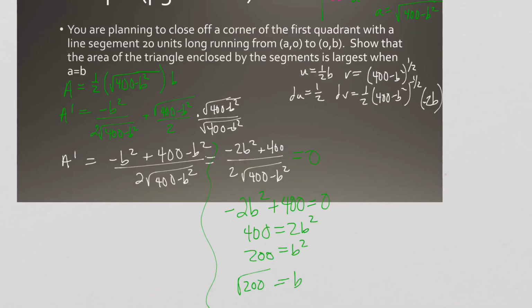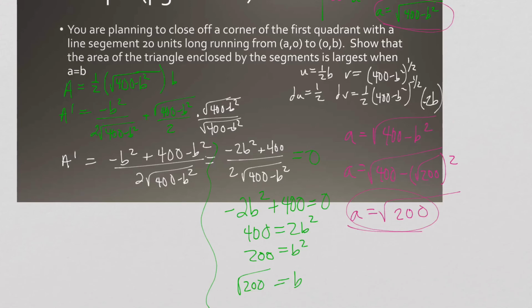If b is the square root of 200, remember from up here, a is the square root of 400 minus b squared. So a is the square root of 400 minus the square root of 200 squared, which makes a equal to the square root of 200, which is not a perfect square, so we leave it as a is the square root of 200, b is the square root of 200.